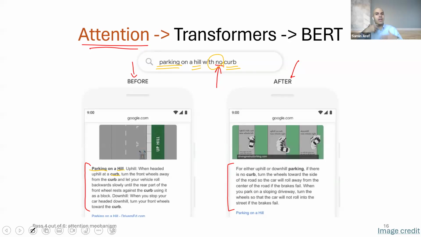So based on that very naive way of processing text input, it was doing the job that it was supposed to do, returning results based on matching keywords. But now you can see that after the BERT language model, Google search is capable of recognizing how fundamental the word no is to processing this input correctly, and it's going to give us results that are specifically about parking uphill or downhill where there is no curb.